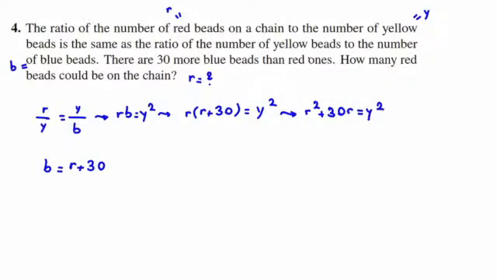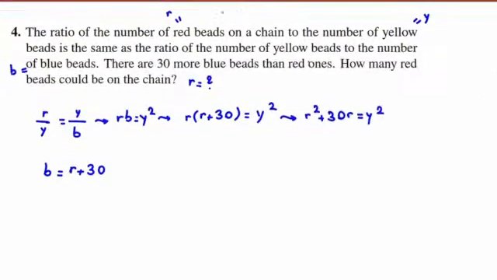Now, from this part, I want to use a famous identity that A plus B whole squared equal to A squared plus 2AB plus B squared.